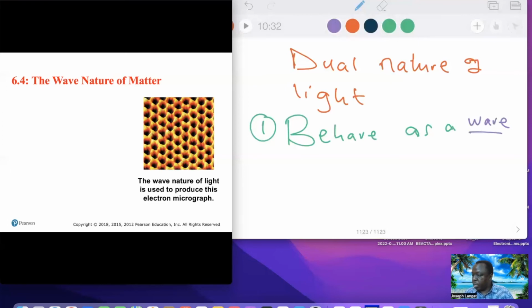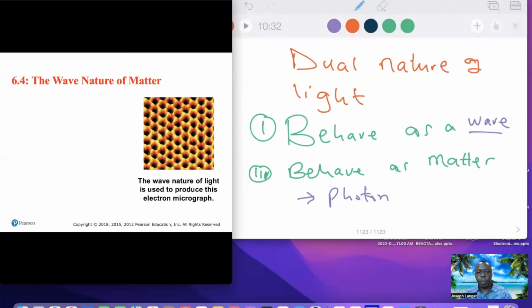And then two here, light behaves as matter. We talk about the photon. Remember the photon? A particle of light. This is the particle of light here.